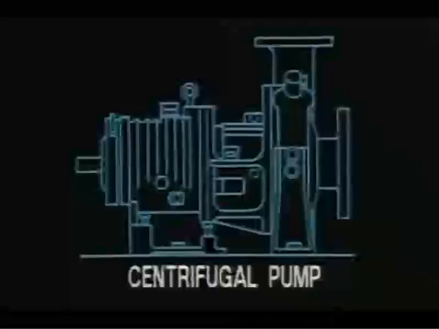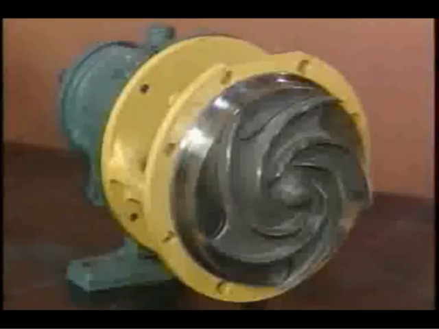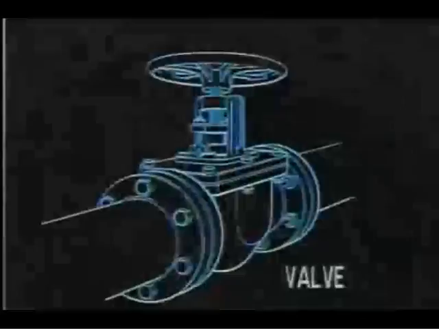Centrifugal pumps are the most common systems used for this operation. The essential parts of a centrifugal pump are the impeller, or rotating member, and the case or housing surrounding the rotating member. Velocity is imparted to the fluid by rotating the impeller at high speeds.